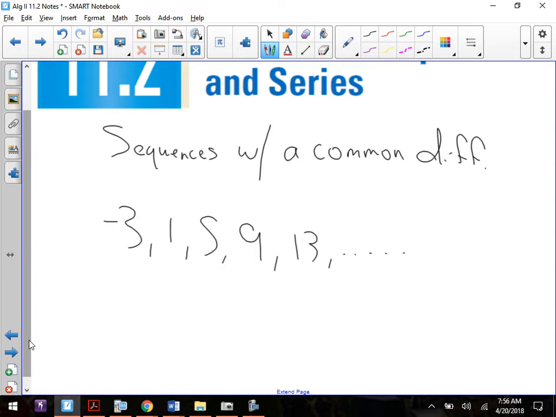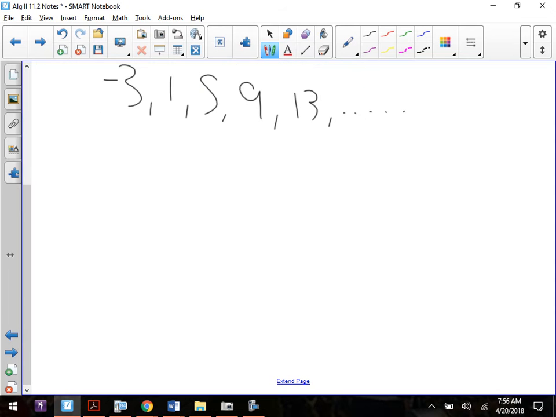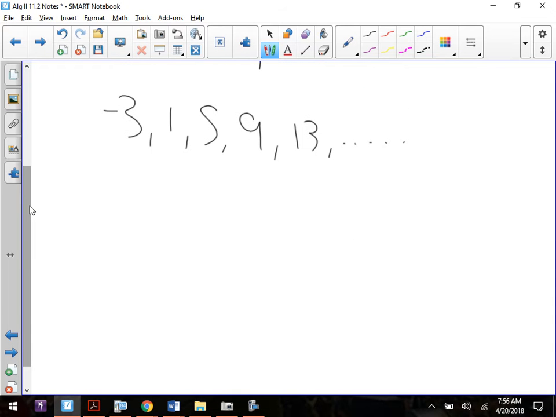So what happens here is we do this. When we're talking about this arithmetic sequence, we're looking at what the first term is and what the common difference is. So we label stuff out. We have the first term is -3. Our common difference between everything is 4.